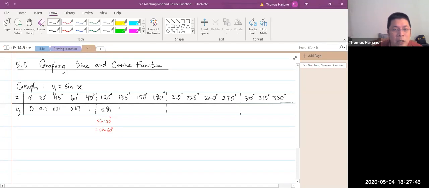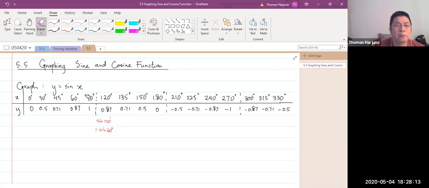With the same technique, you will get 0.71, 0.5, 0, and then negative 0.5, negative 0.71, negative 0.87, negative 1, negative 0.87, negative 0.71, negative 0.5. Now you may want to copy that down first.